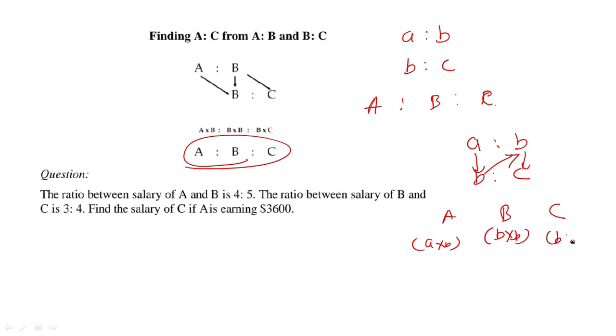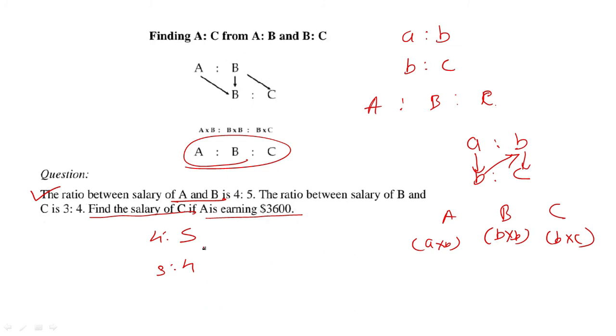Okay, now let's solve this question. The question is: the a:b ratio is 4:5, and the ratio between the salary of b and c is 3:4. So the second ratio given is 3:4. We have to find the salary of C if A is earning 3600. Okay, this is a simple question.